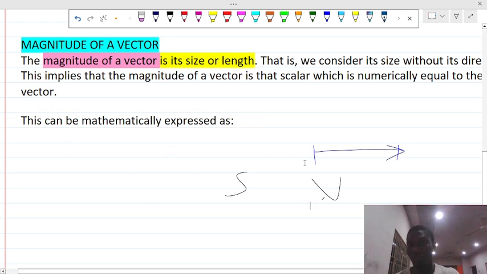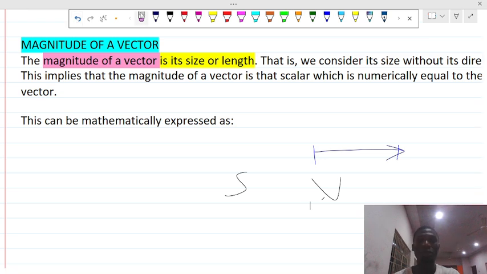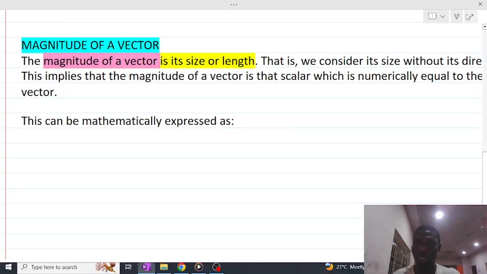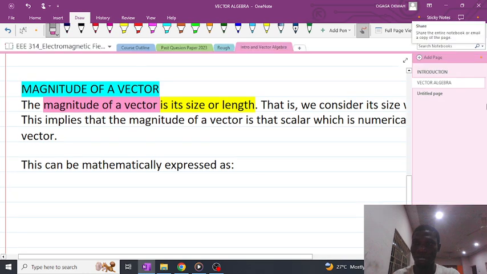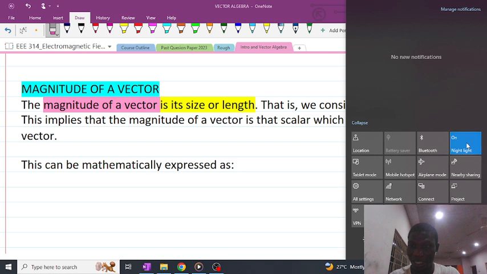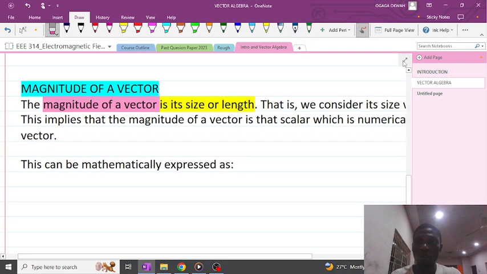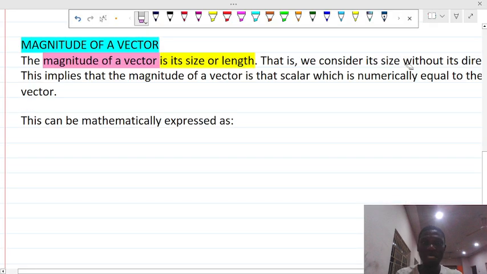Now, to express this mathematically, so that we can manipulate and do operations with vectors, we use this sign for it.